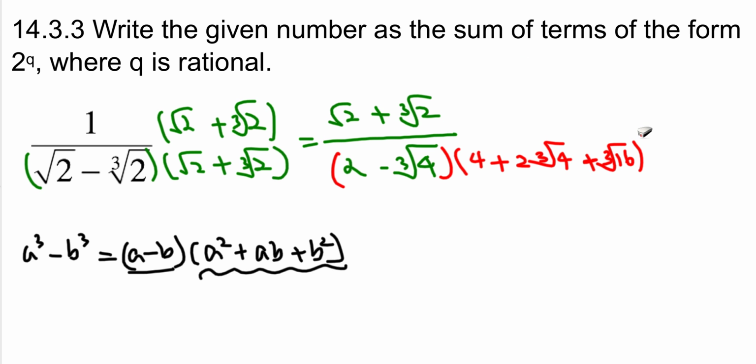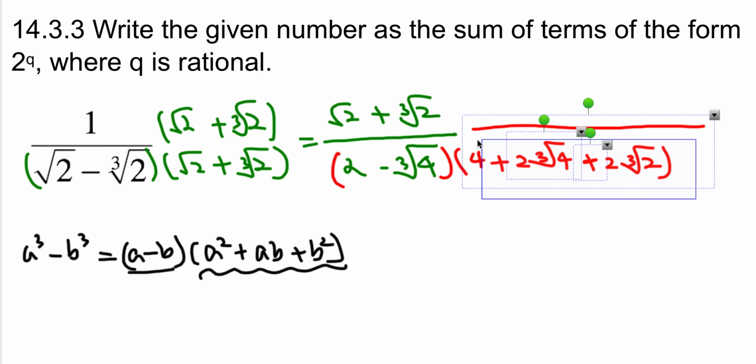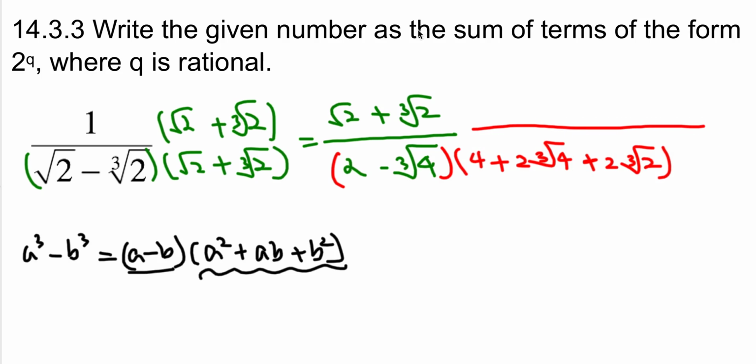So I'm just going to rewrite that in this way. That's equal to 2 cube root of 2. So I'm going to multiply this one more time: 4 plus 2 cube root of 4 plus 2 cube root of 2.